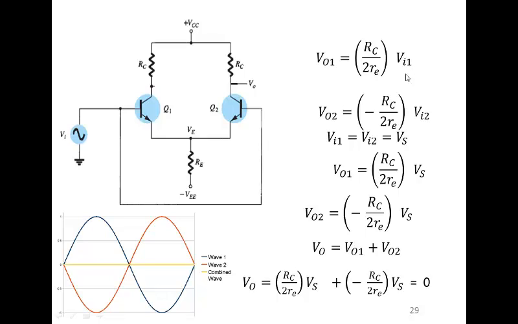If I set V in 1 and V in 2 equal to Vs, then V out 1 would be equal to this much into Vs, and V out 2 would be equal to this much into Vs, and by superposition the output is the sum of these two. So if I add this one and this one, I will get output 0. So for common mode signals, I will get 0 output for the differential amplifier. That is, this amplifier doesn't amplify the common mode signals.